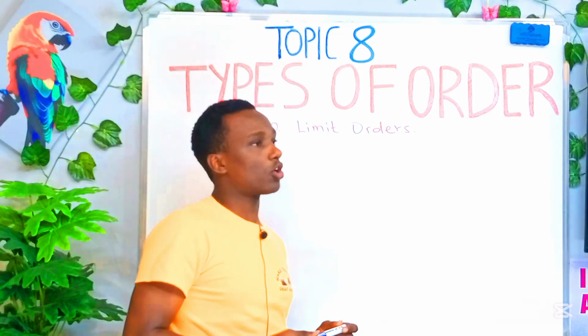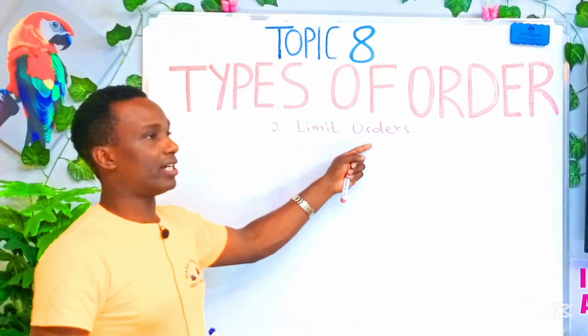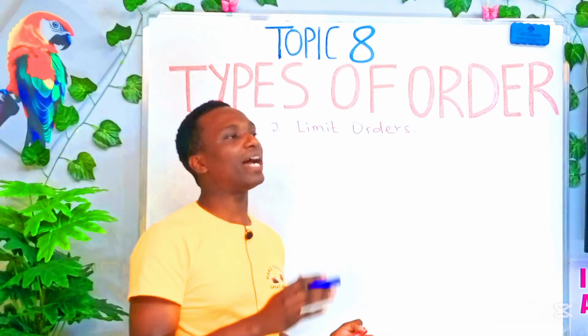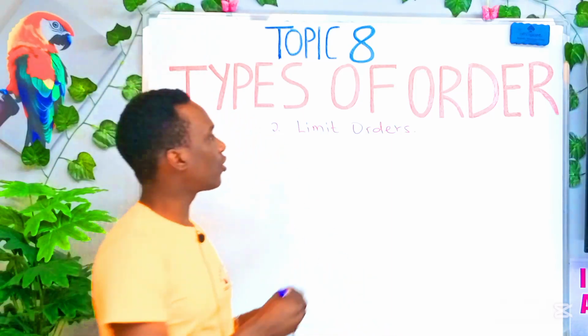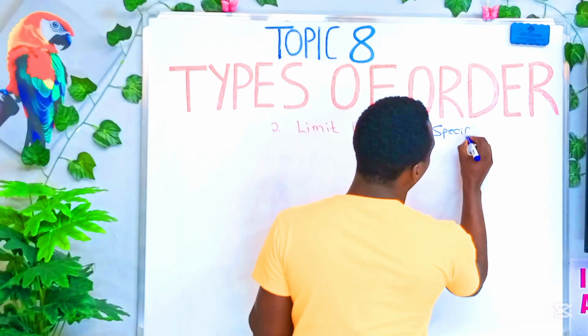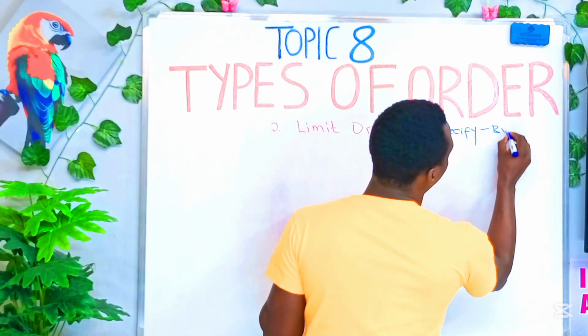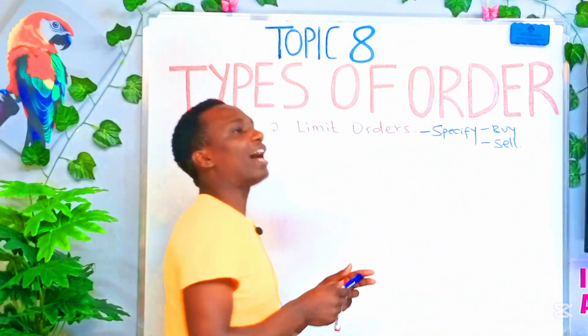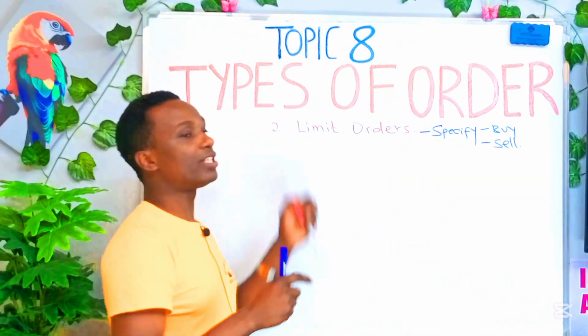Okay, so these types of orders specify a desired price for buying and selling. They specify where to buy and where to sell. There are two types of limit orders.